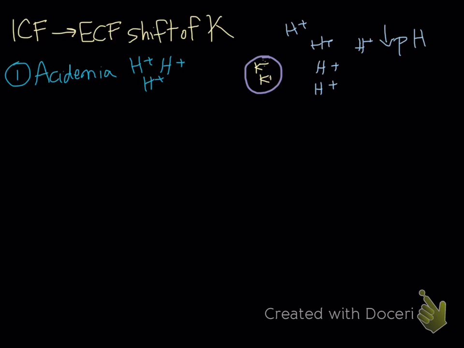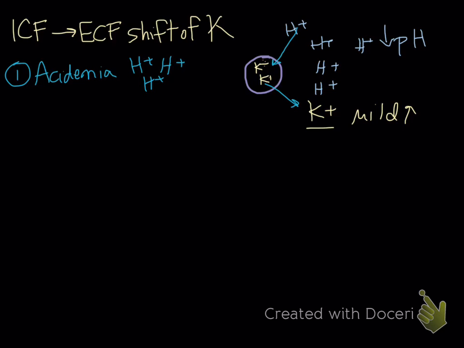So the body wants to not have you be too acidemic. It also doesn't want to kill you with high potassium. So this is only going to mildly increase your potassium. And so you get a shift of hydrogen ion into the cell, and potassium now comes out of the cell. So this is going to cause a mild increase. It's not going to be life-threatening because, of course, you don't want to die from acidemia and die from hyperkalemia.